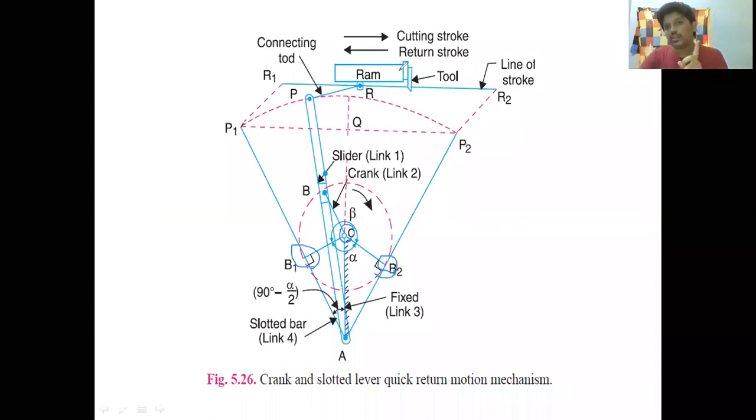What we said, the cutting or the return stroke. That means when it is moving from CB1 to CB2, we will have our forward stroke, that means the cutting stroke. Now when it is moving from CB2 to CB1 again, you will have the return stroke. So when the crank is moving from CB1 to CB2, you have the forward stroke. When the crank is moving from CB2 to CB1, you will have the return stroke there. That is what is mentioned there.